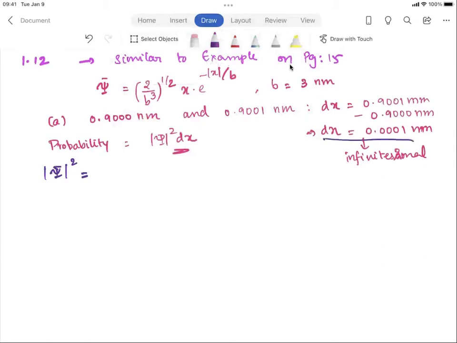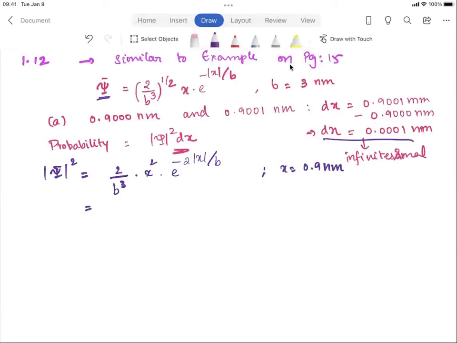It's this value. So psi squared would be 2 over b cubed times x squared times e to the negative 2x over b. Yes, we're just squaring the value of psi. Now we can consider x to be 0.9 nanometers.